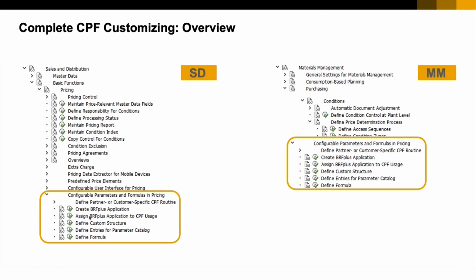The same type of settings you would need to do for the BRF Plus application for CPF, then add those usages if you have any custom structure or maintain parameters, and then finally define the formula. Below this you could also find the BAdIs you would need to implement for CPF. Similar nodes are available in materials management as well.